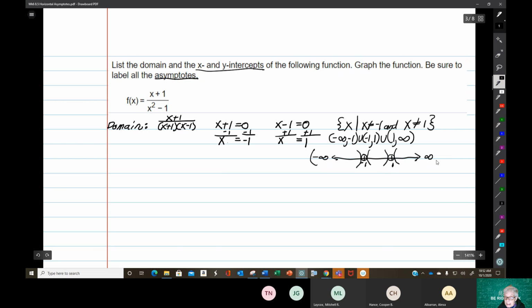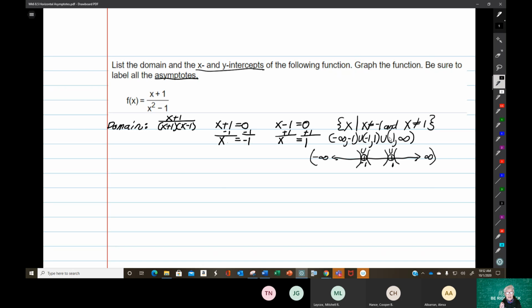And all of the numbers from here to here are going to be okay. And you put a U in the middle. So I have to think about the x-axis first before I do interval notation, since there's a relationship there. Okay, now I know for sure what the two numbers are that cannot be used, period.